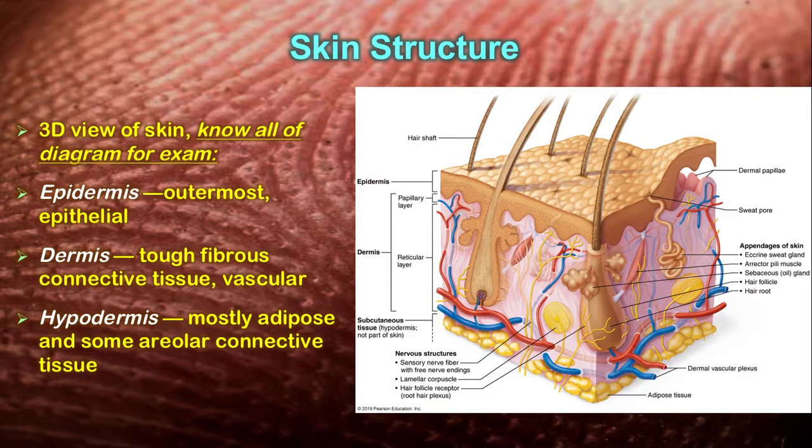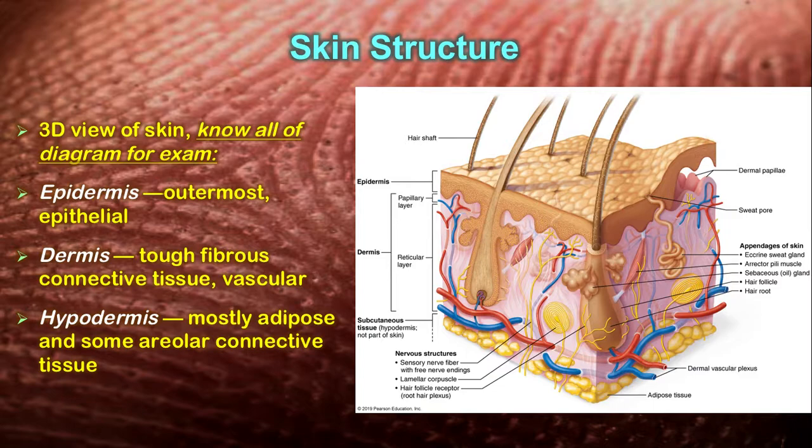The lamellar corpuscle is this yellow circle right here. It picks up pressure deep in the skin. And then we've got a hair follicle receptor, or hair root plexus. That's going to be the yellow lines associated down here with that hair root. That's what detects movement of the hair.